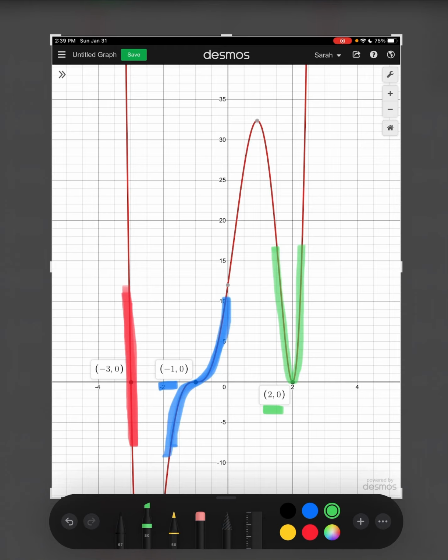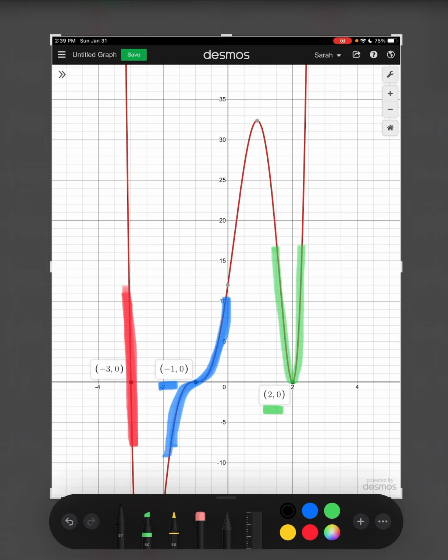So we have 3 different behaviors. At negative 3, 0, the graph is crossing through almost like a line in red there. At negative 1, 0, the graph is crossing through, but with this curve shape. And at 2, 0, the graph is bouncing off kind of like a quadratic, a little bit like a parabola, like those parabolas that we graphed.